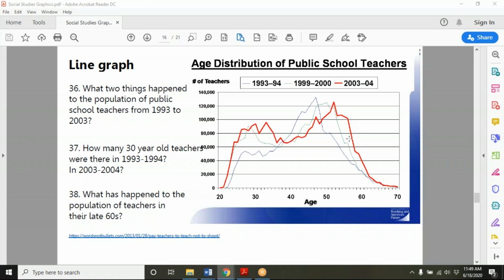This is what it would be like. Does that make sense? Yes. It's kind of confusing when you look at it at first, at least for me. Okay, number 36. What 2 things happened to the population of public school teachers from 93 to 2003? How would we describe what trends do we see?